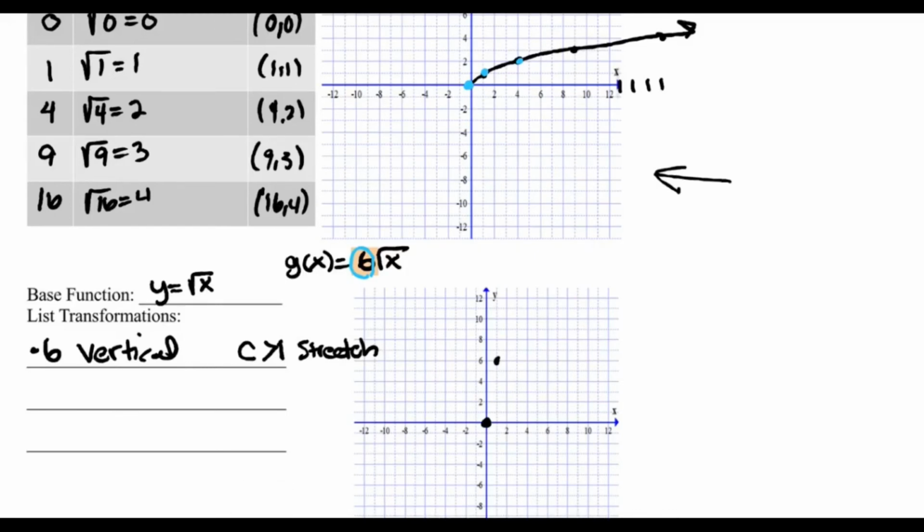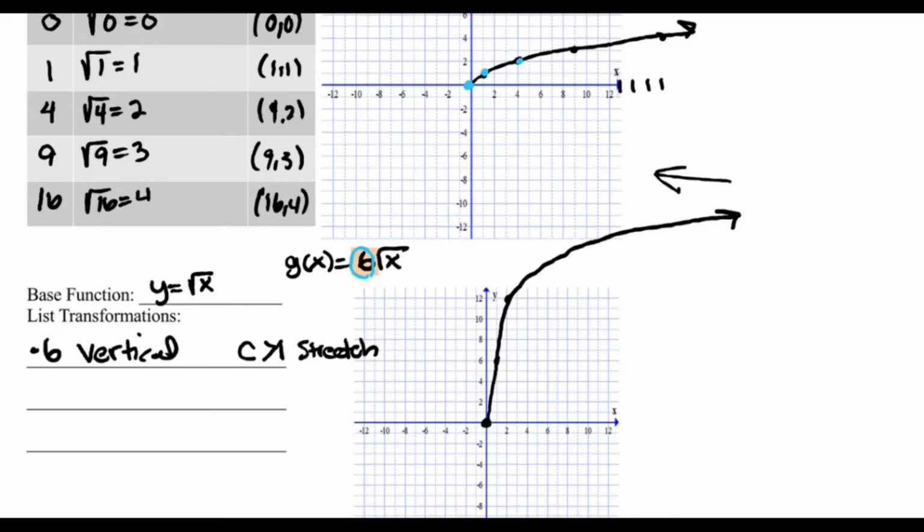So that point becomes (2, 12). And so you can kind of see that our graph is getting really stretched out. It's almost hard to notice that it's going to be curved. So it's stretching out like this and will become the same shape but stretched out vertically.